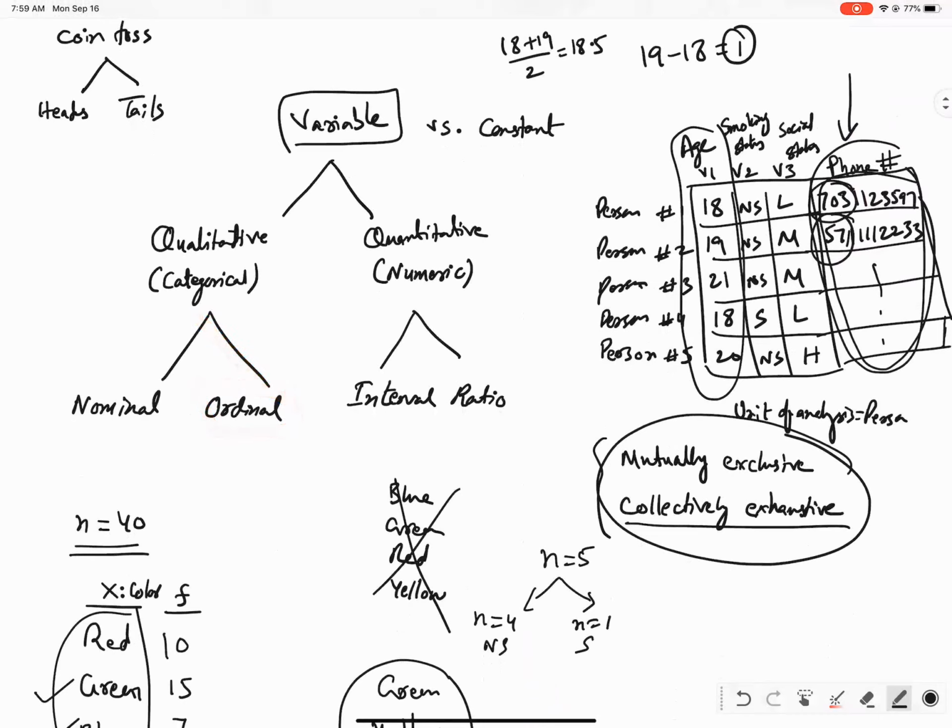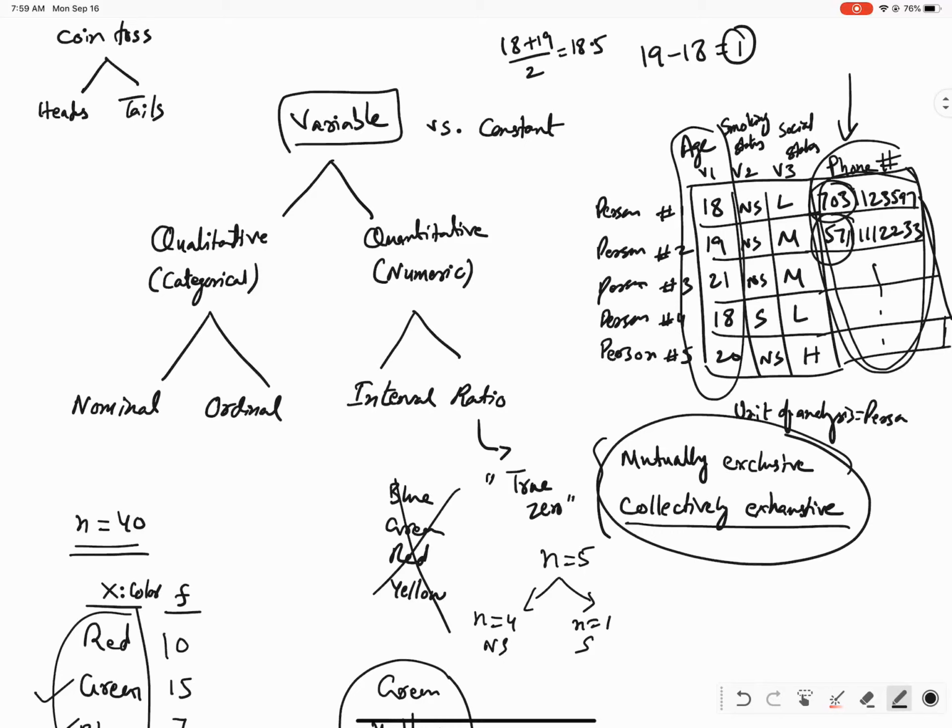Now, numeric variables, as we have learned, have numbers in a column, and we can perform operations like addition and subtraction on those numbers. So how do we know whether this numeric variable is an interval variable or a ratio variable? The test here is the presence or absence of something called the true zero.